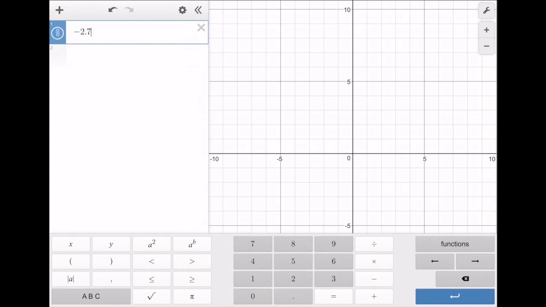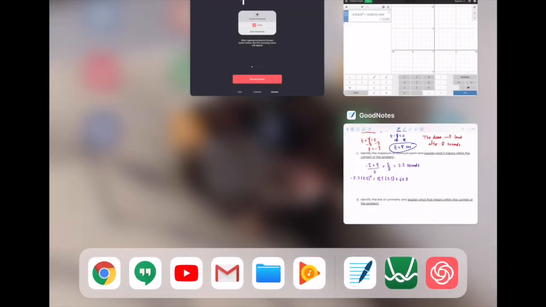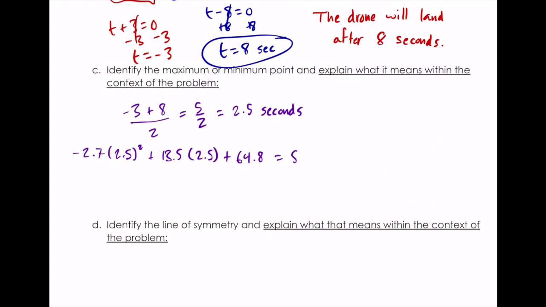Negative 2.7 times 2.5 squared plus 13.5 times 2.5 plus 64.8. We get 81.675. If you want to, you can round this to 81.7 meters, because our problem uses meters.